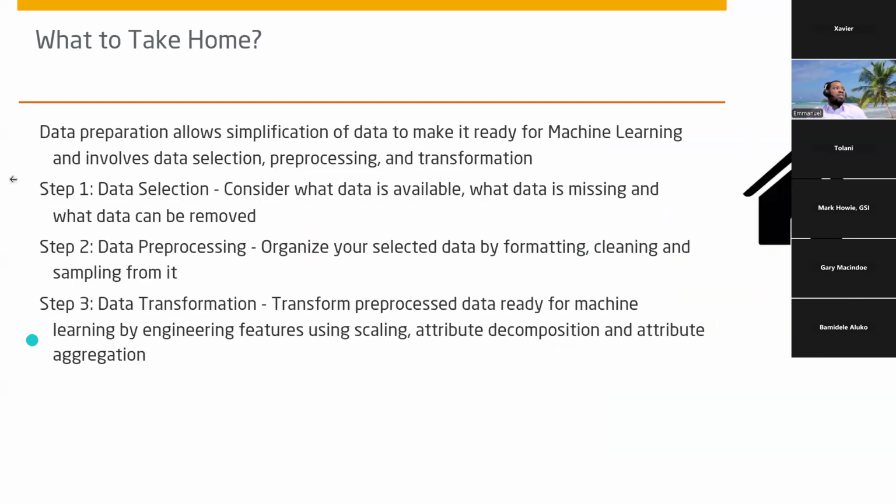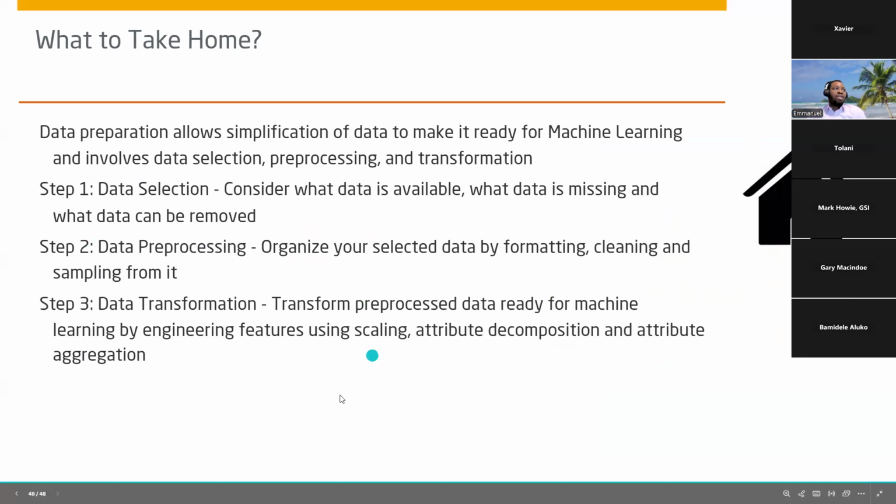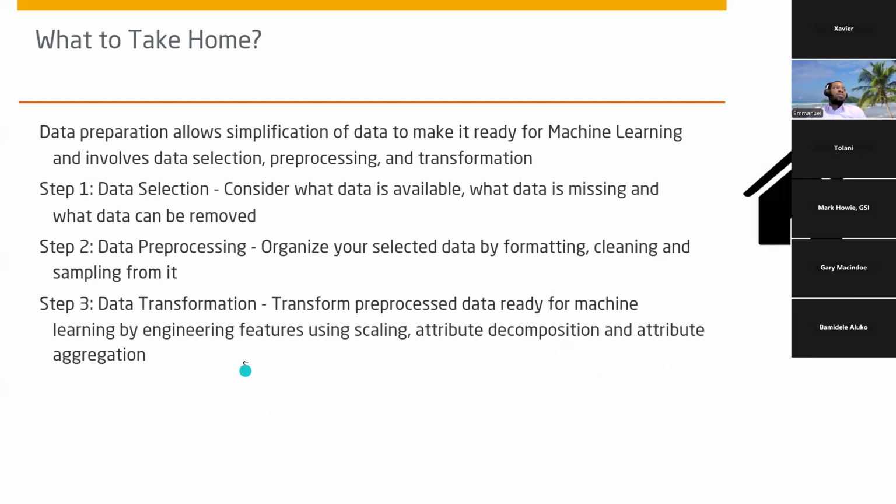So a summary of this is that there are three important steps: data selection, data processing, and data transformation. Those three processes help you to prepare your data sets. And at the heart of data preprocessing, that's where you have your feature engineering.